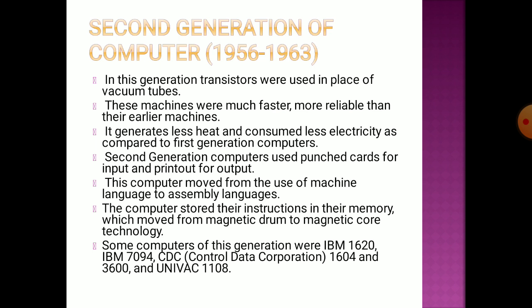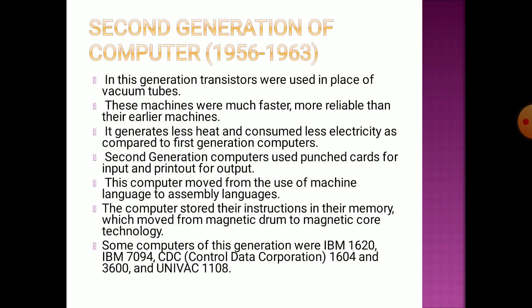The language used in your first generation was machine language, and the language we used to communicate in your second generation is assembly language. Second generation computers also used punch cards for inputs, and the output was through printouts.